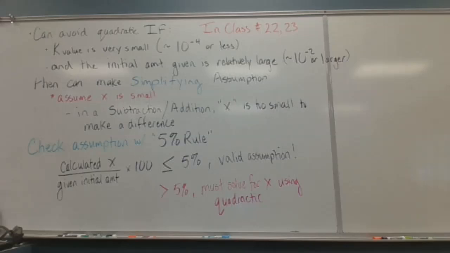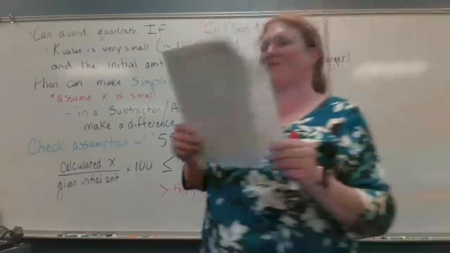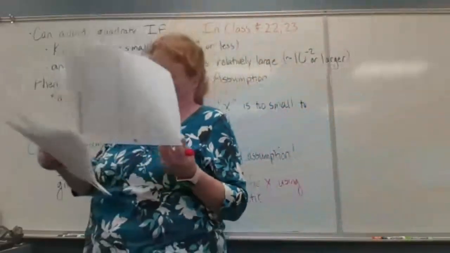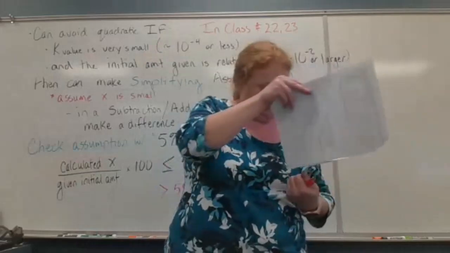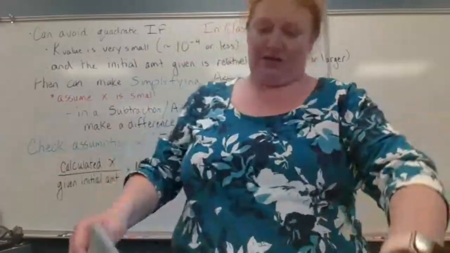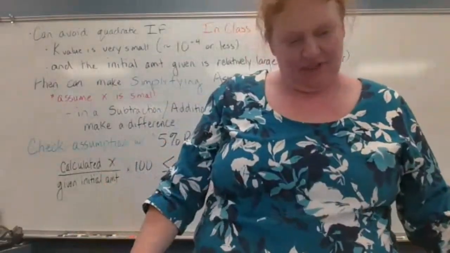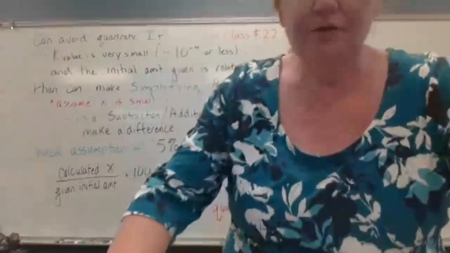So let's see, which one do I want to do, 22 or 23? You want me to do 22? Just because you like to go in order, you hate it when I skip around like I do. I don't know that either one of them is harder than the other. Yeah, let's do 22. That works.